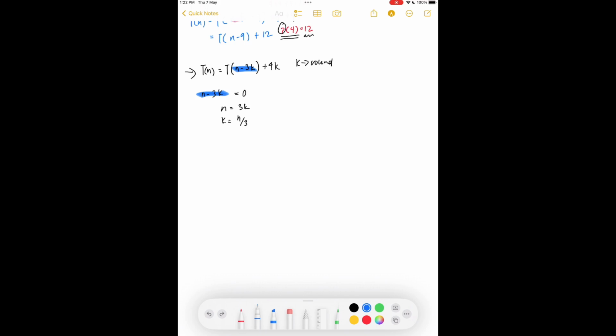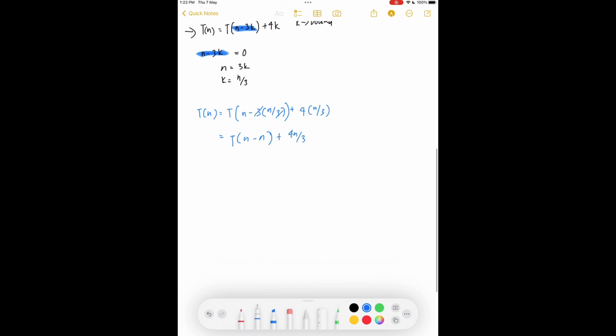Hold on, let me explain. Let's substitute first. Tn equals n minus 3 times n over 3, plus 4 times n over 3. When we solve this, we just do this plus 4n over 3, right? So this part equals 0, so T is 0.